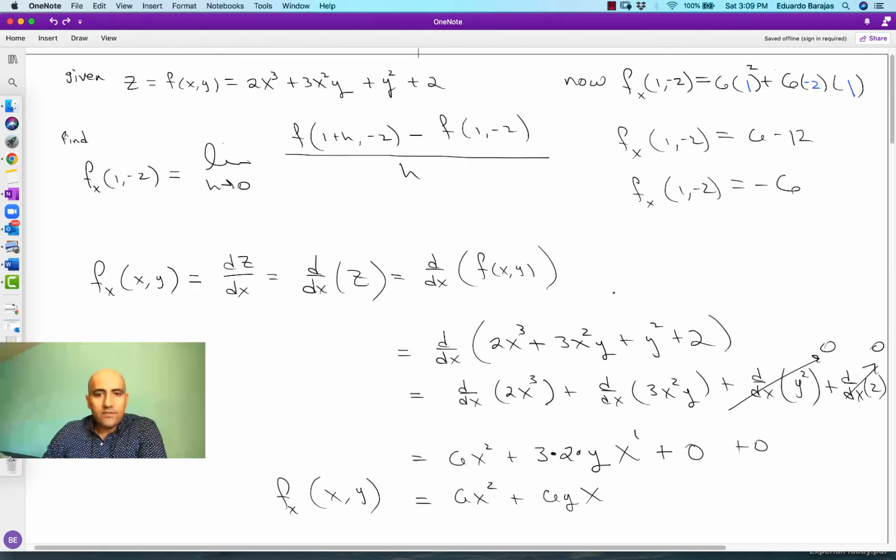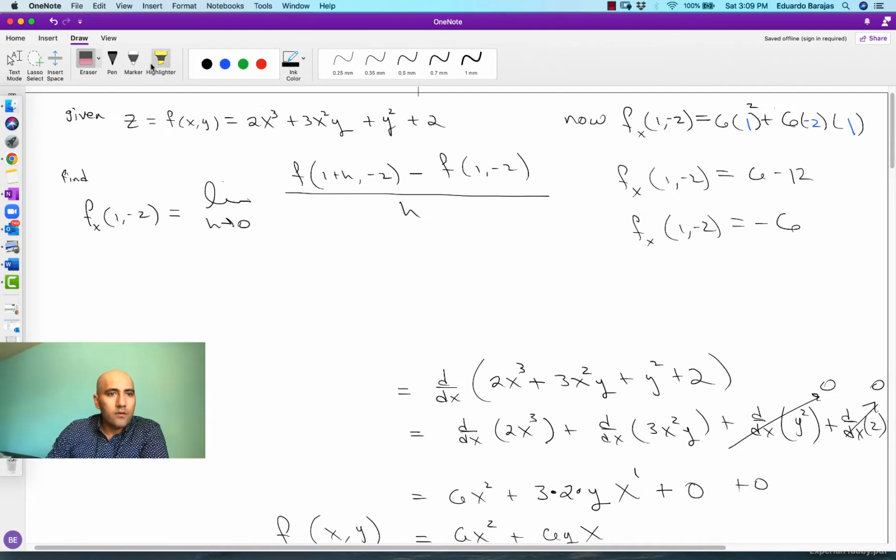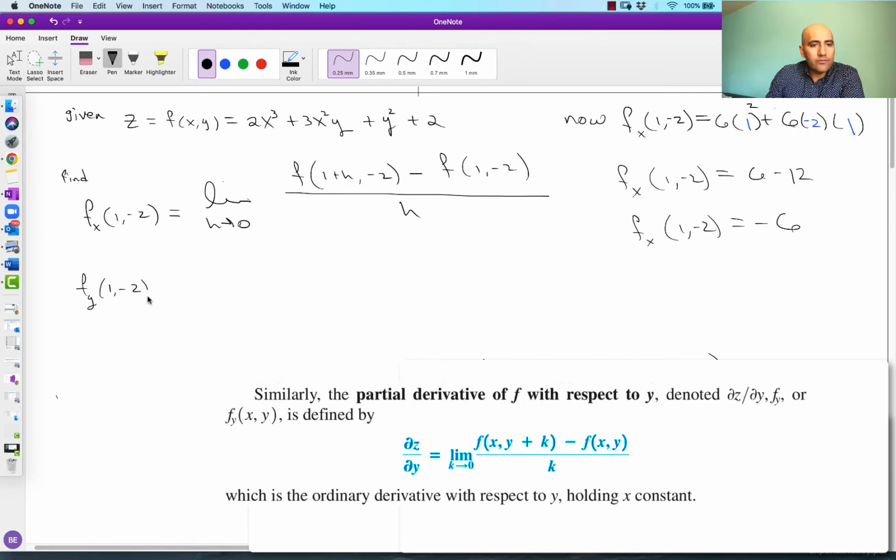Okay, so now let's do the exact same thing, but now for y. So let's see how that changes. And we'll say now we want to find f sub y of 1 comma negative 2, setting up that limit, the limit as, and let's use the letter k, approaches 0. Nothing special about the letter h or the letter k, it's just common variables used.